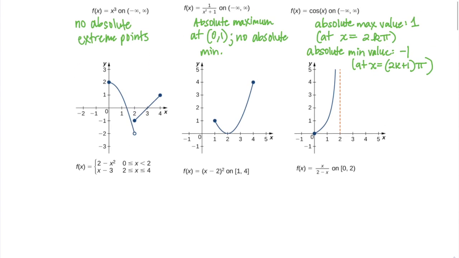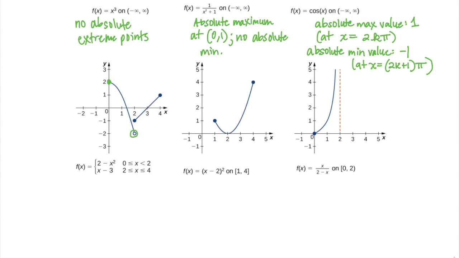The next one is a piecewise graph, and it's only defined for x's between 0 and 4. And what we can see here is that there is a highest y value up here at 0, 2, but there's no lowest y value, because when we get down here to negative 2, there's an open point.